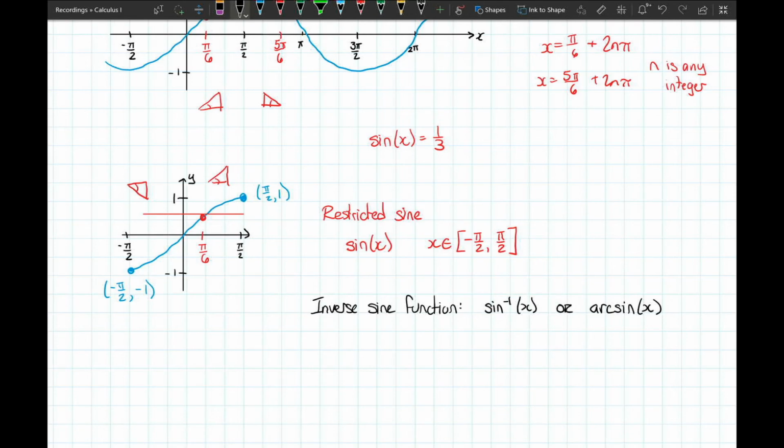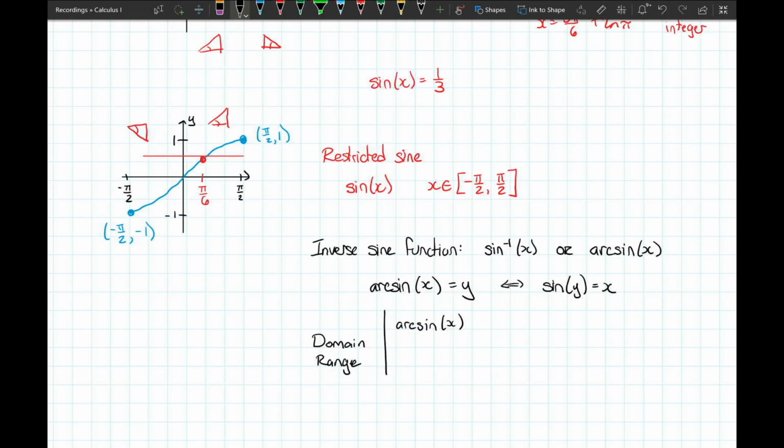The inverse sine function is defined so that if you have arcsine of x equal to y, that's equivalent to sine of y equals x. So they are inverses of each other. They completely undo each other. One cancels the other one out for the most part.